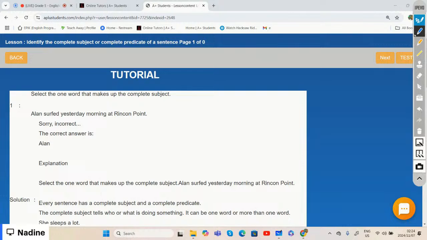What is our subject within the sentence? We need to select the subject, the person, who or what is doing something.